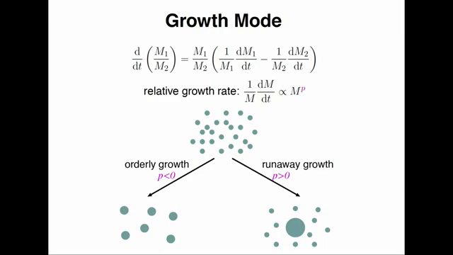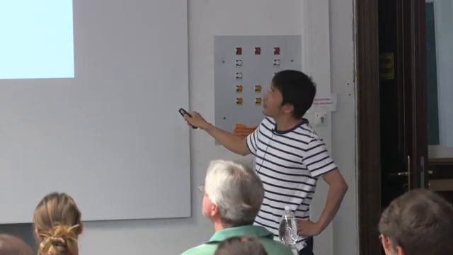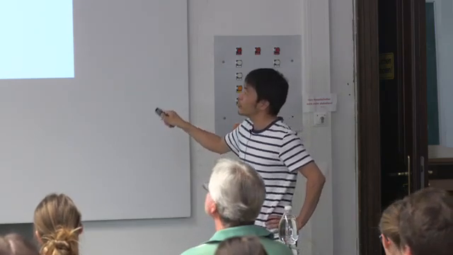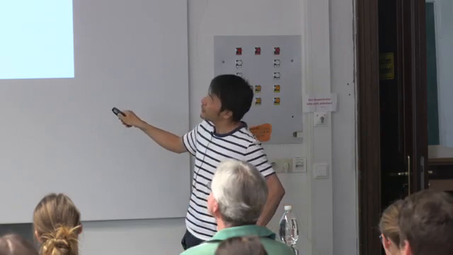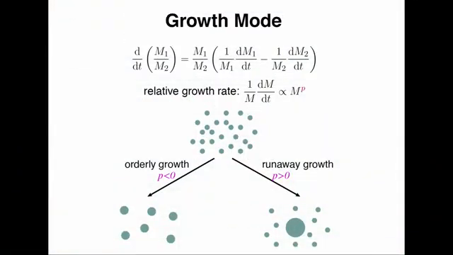Now we assume this relative growth rate is proportional to some power of mass, p. So if p is negative, so if this is a decreasing function of the mass of this growing body, and initially m1 is larger than m2, then the right-hand side of this equation becomes negative, right?